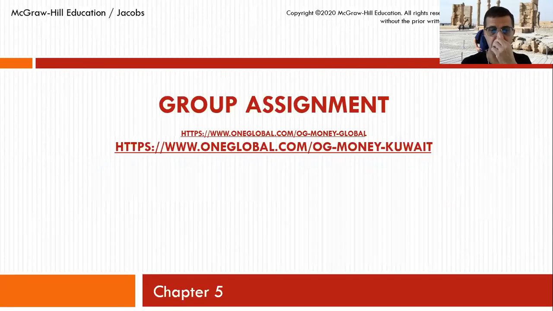Now, here's the assignment that I would like you to do, and it's according to the previous chapter that we've taken. I will supply you this, and I need you to look at something called One Global.